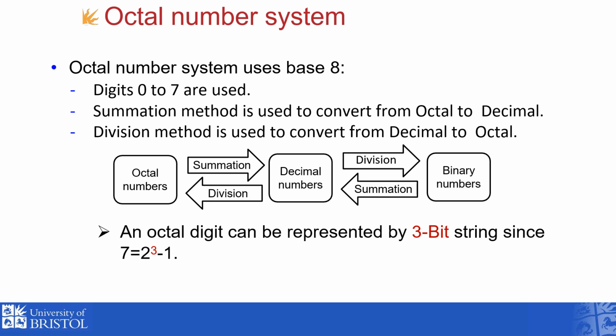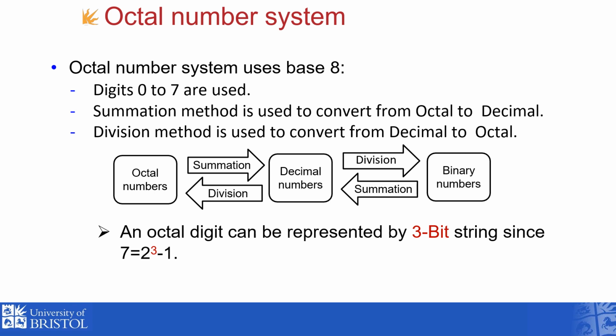So I would like to go very quickly through the octal number system because this part of the presentation has already become very long. Obviously, since it is base 8, you use digits from 0 to 7. The summation method is used to convert from octal to decimal, again, just like from any other system to the decimal system. And things are pretty straightforward.